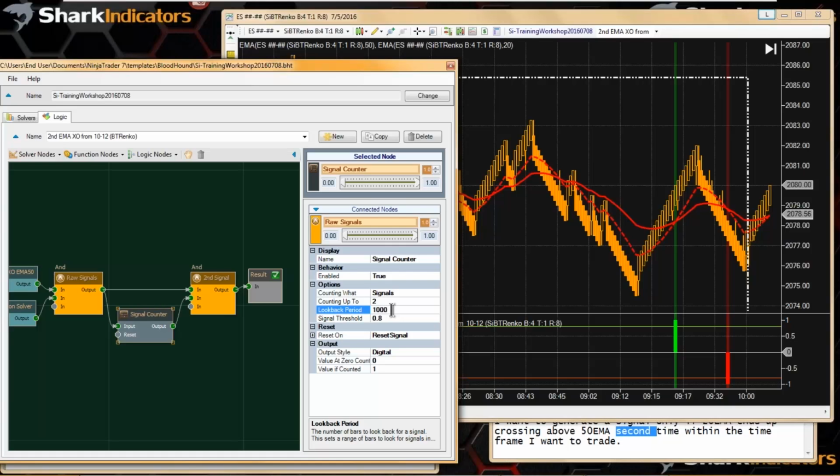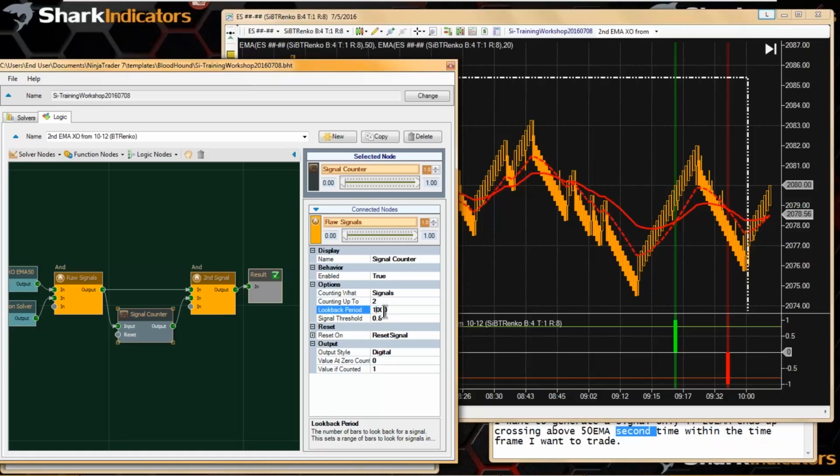So you could be unnecessarily causing NinjaTrader to have to do more calculations that aren't needed, right? And since NinjaTrader is a single-threaded program, you don't want to overload it with unnecessary work.